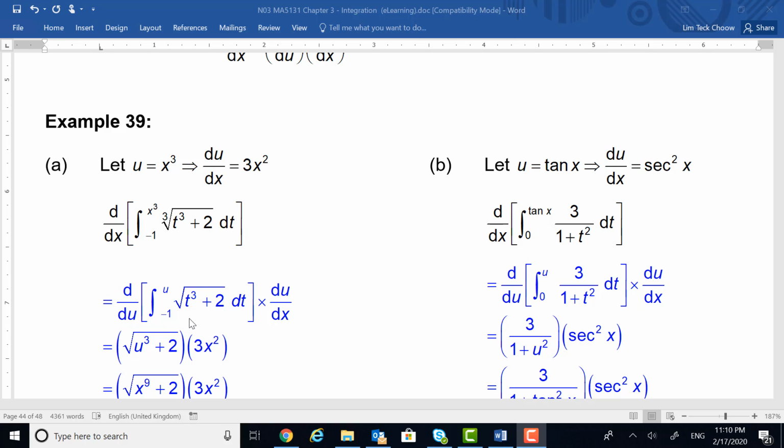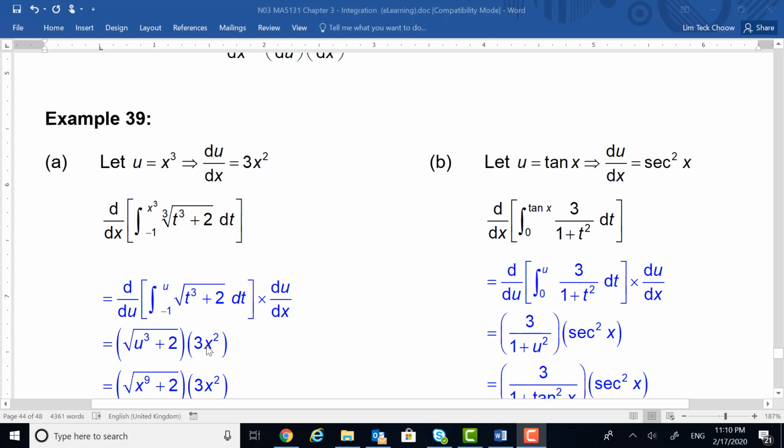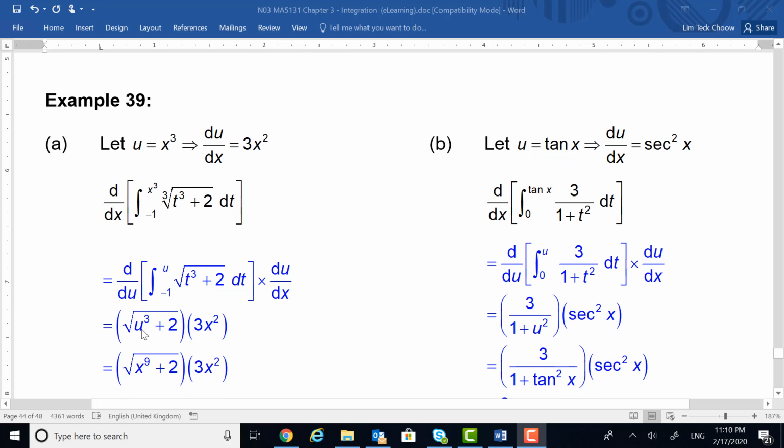Differentiating this expression gives you, in place of t, just u. And du/dx is 3x squared. Now I put back the u as x cubed. I get x cubed to the power of 3, so that gives you x to the power of 9.